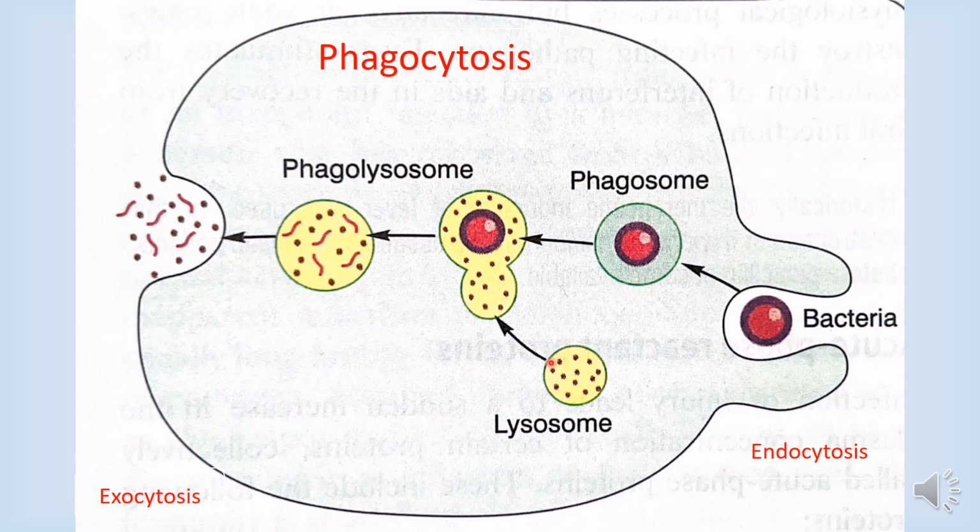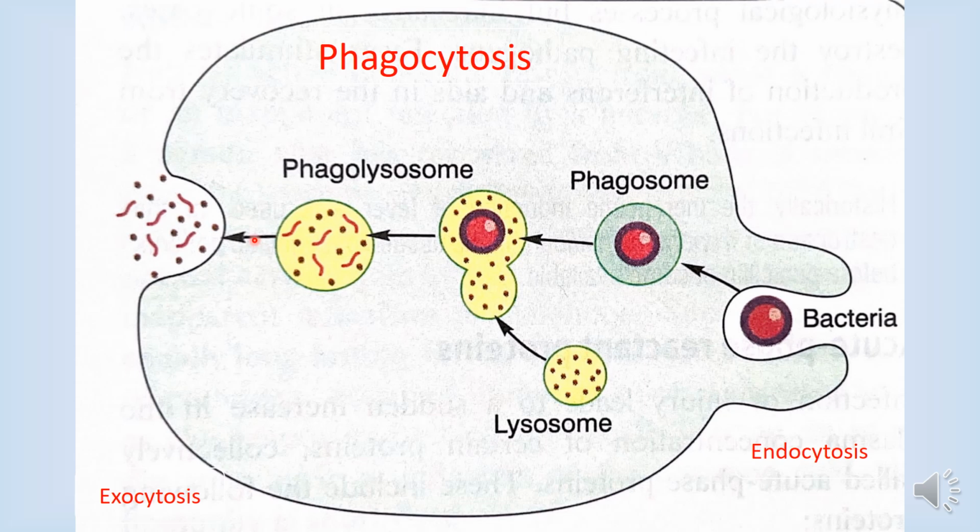Lysosome has various hydrolytic enzymes. It goes and fuses with the phagosome, and the trapped bacteria are then subjected to all the hydrolytic enzymes present in lysosome. These hydrolytic enzymes have lytic functions, and so all the bacteria are destroyed inside the phagolysosome.